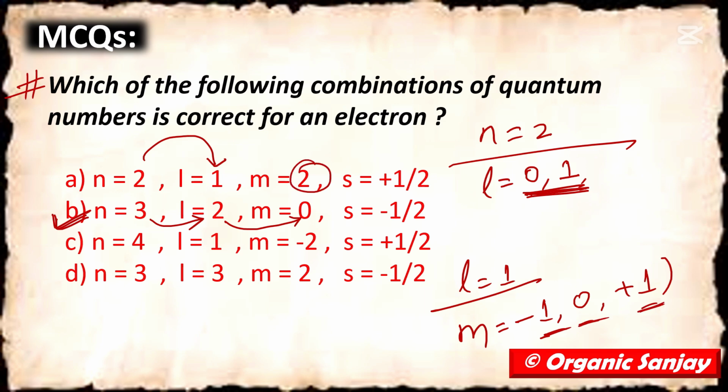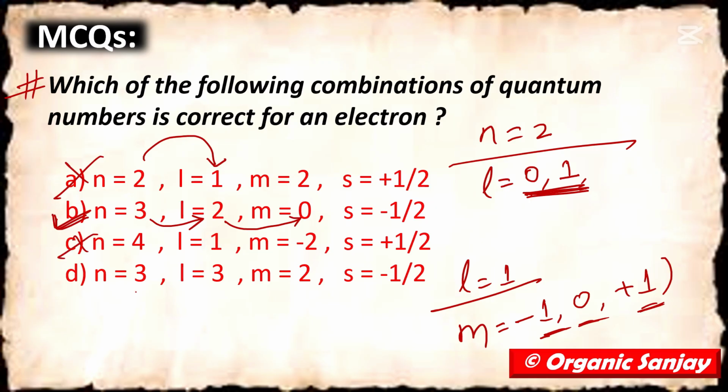Here it is 2, so it is wrong. In option number C, n is equal to 4, L is equal to 1. Up to here it is correct, but here again it is minus 2, more than this number, so it is also wrong.